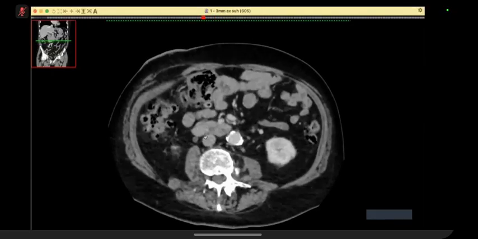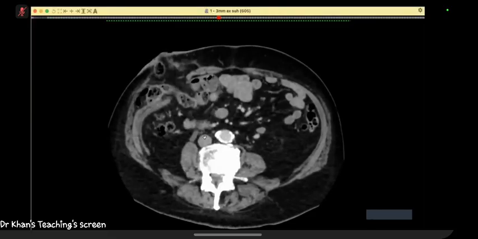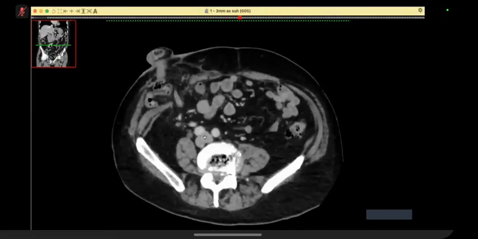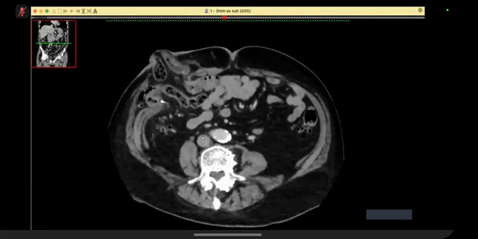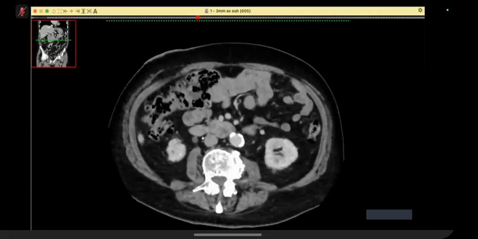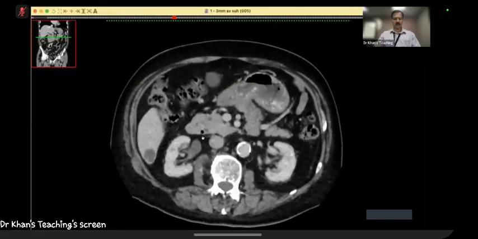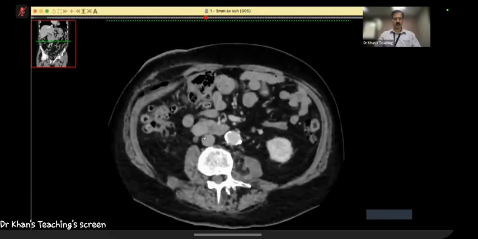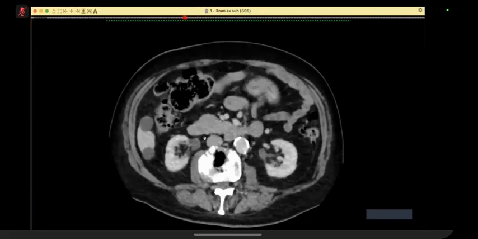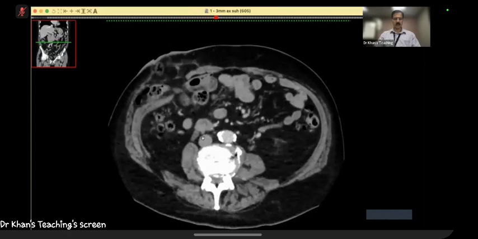It is as if there is a fistulous connection between the ureter and a branch of the aorta, likely the common iliac artery. Okay, look at the left-sided ureter, the other ureter. I am scrolling it. Just concentrate on the ureter. So I'll come back to the hilum and just concentrate on the ureter. All right.